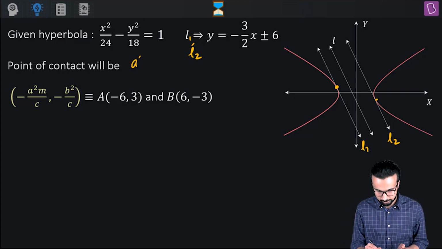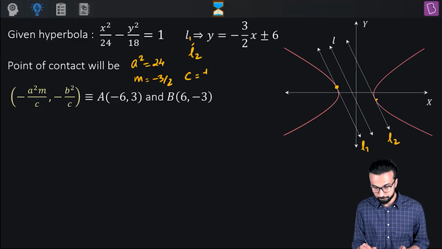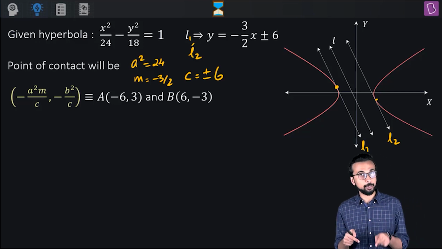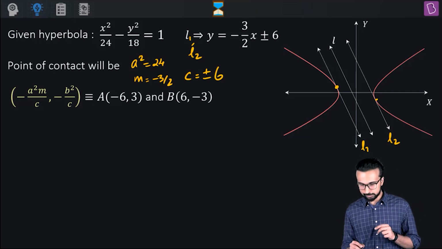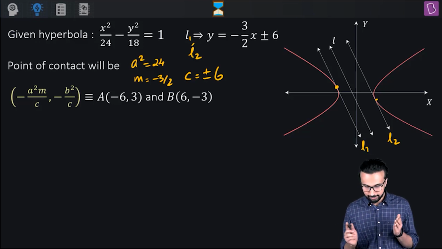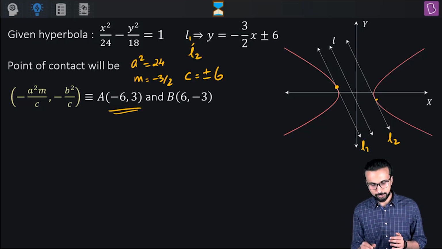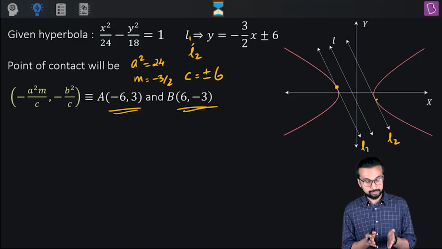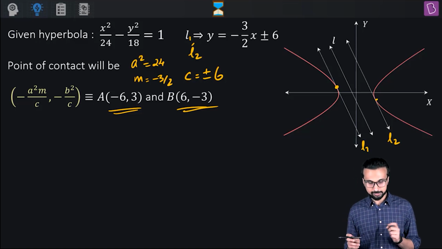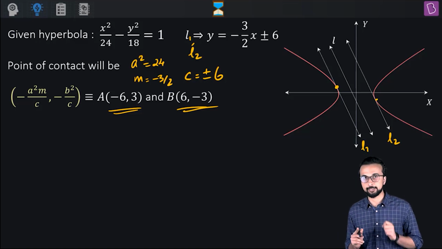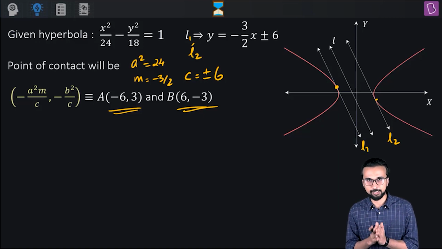A square is 24, m is minus 3 by 2, and c is plus or minus 6. So that is why I'm getting two cases here. Two different points are there, A and B. So A, I get as minus 6, comma 3, and B becomes 6, comma, minus 3 here. All right. With me till here?